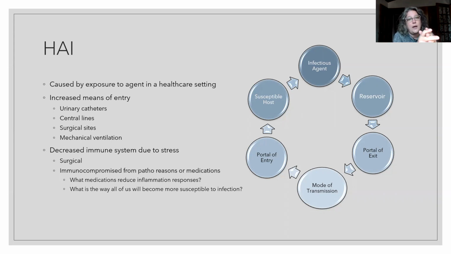And so that stresses out the immune system already. Plus then if we throw a couple of buggies in there, whether they be viruses or bacteria or fungus, you have a double big problem, because the immune system is focusing on trying to heal the surgery site and not really looking for bugs. And then all of a sudden now there's bugs and the bugs are like, eh. As well as people can be immunocompromised from either patho reasons or medications.